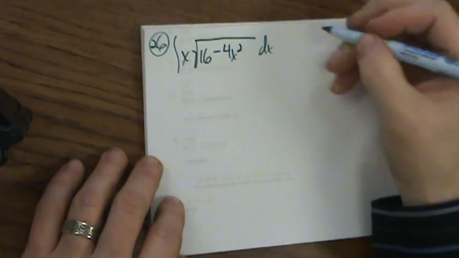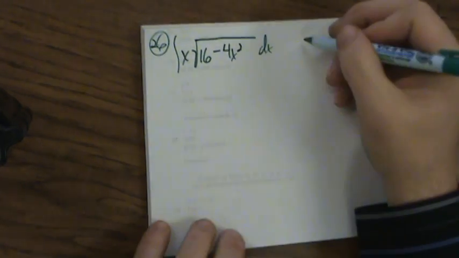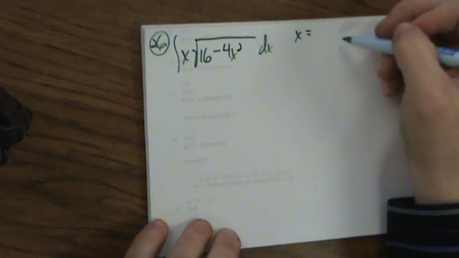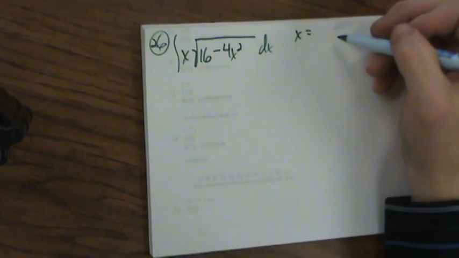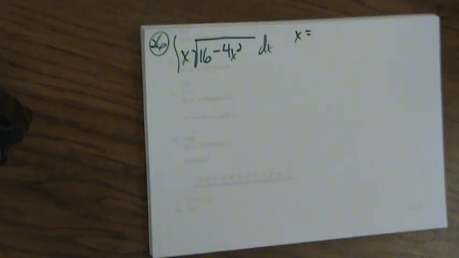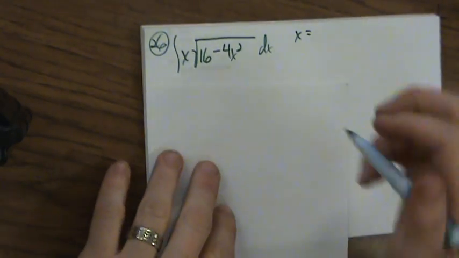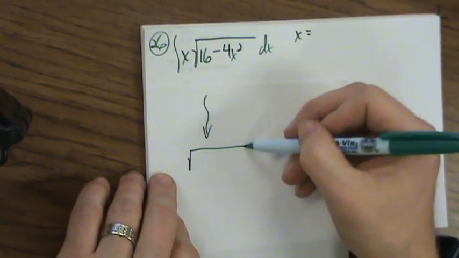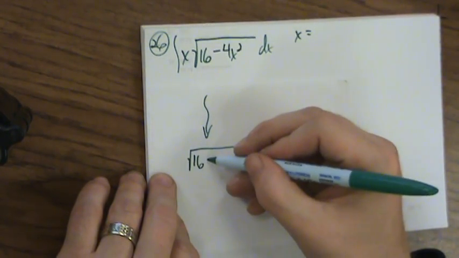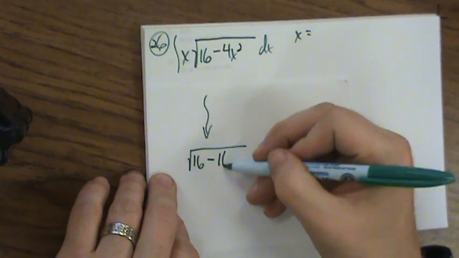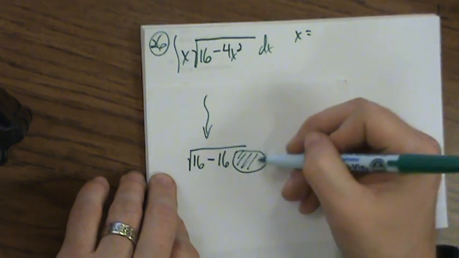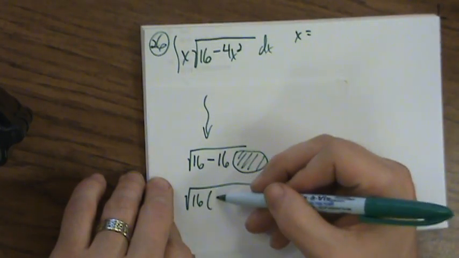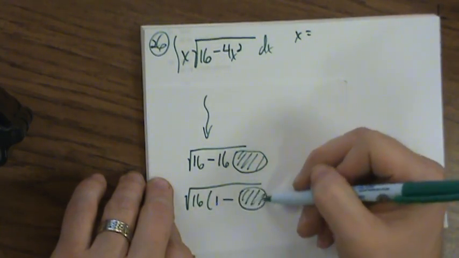What should we put in for x? We're going to make a substitution. Remember, we're going to pick a function. At some point, after we do a bunch of work, we're going to wind up with the square root of 16 minus 16 times some trig function, so that we can factor out the 16 and wind up with 1 minus some trig function.